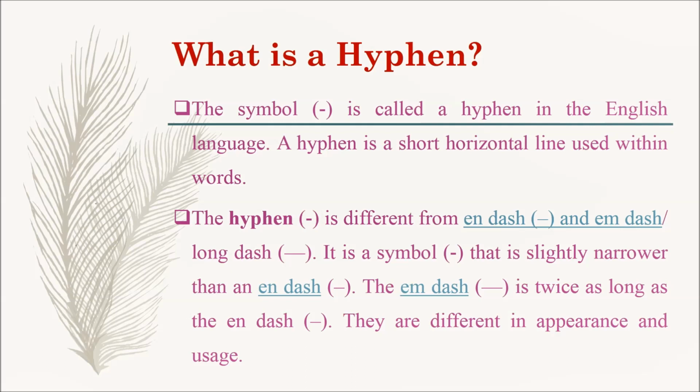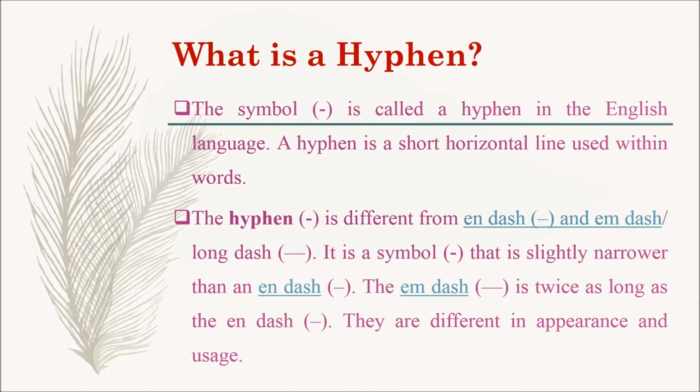The hyphen is different from the N dash and M dash. M dash is also called the long dash. The M dash is twice as long as the N dash. They are different in appearance and usage.